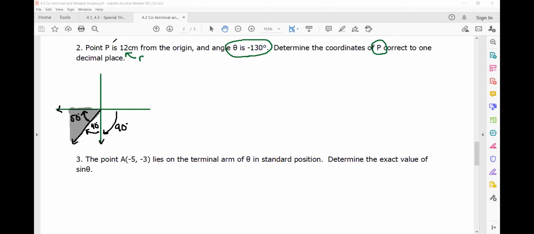Okay. So let's pretend that I have a triangle. The angle is 50 degrees here, and my hypotenuse is 12 centimeters. What's my y value and what's my x value?